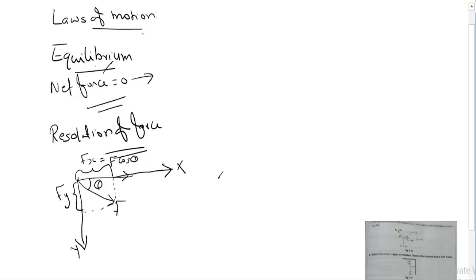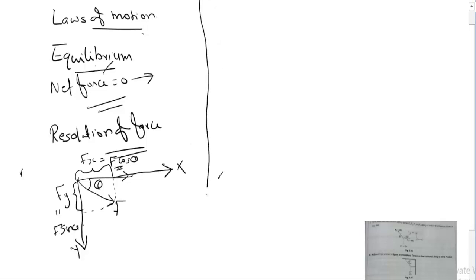The component which is near to theta is the cos component, and the component which is away from theta is the sine component, F sin theta. You get this from the Pythagoras theorem, cos theta and sin theta, from a right angle triangle. So here F cos theta and F sin theta: the component near to theta will be the cos component, and the component moving away from theta will be the sine component.